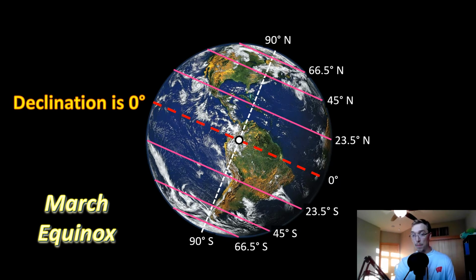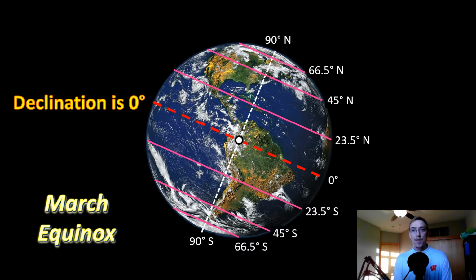Declination is 0, right? The sun's rays at this point are centered right on the equator. And we start to think, well, equinox, equator is a good giveaway, but what does equinox mean?